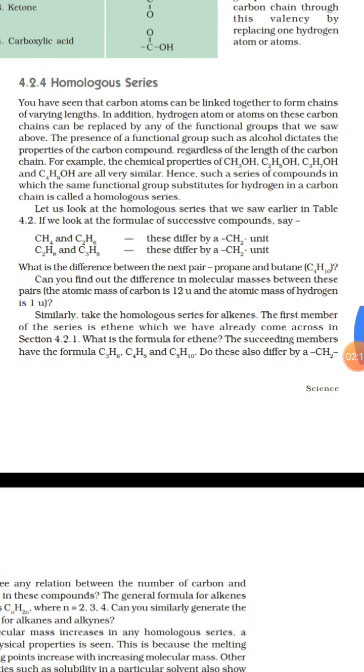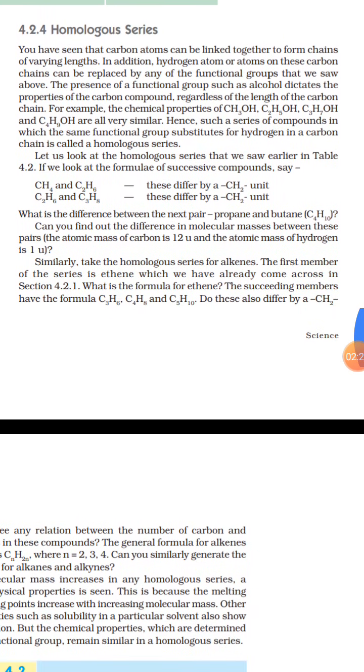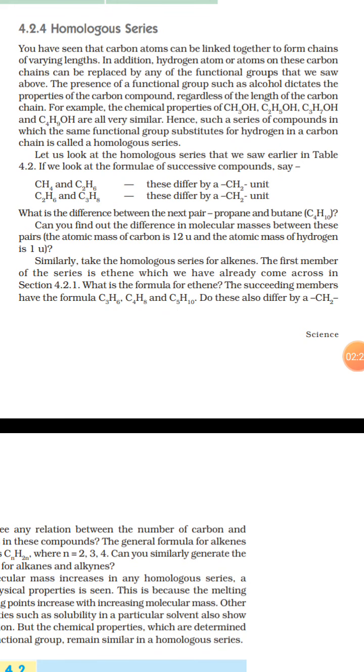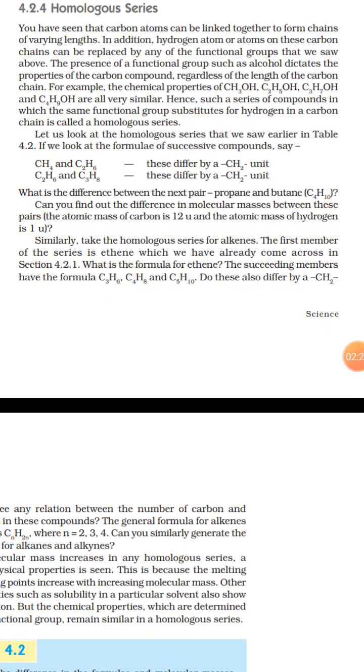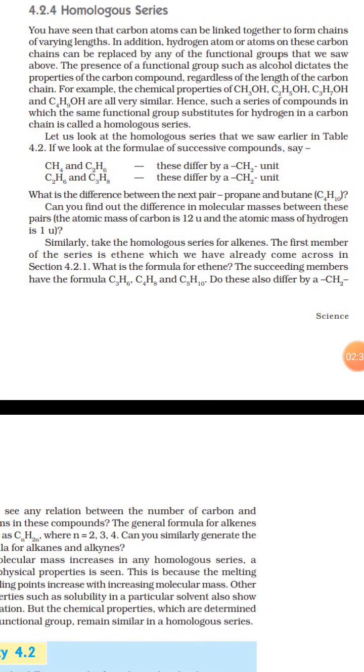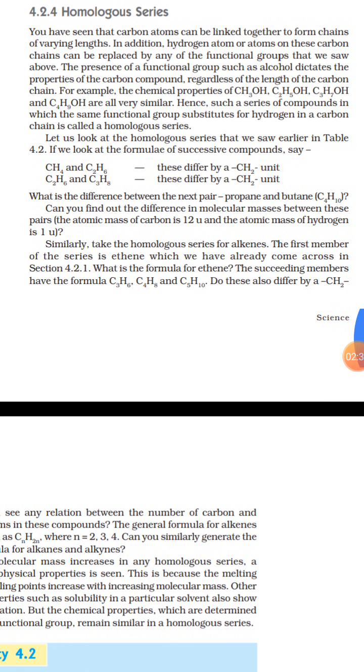series. Now students, let us look at the homologous series that we saw earlier in the table. We look at the formula of successive compounds, say CH4 and C2H6. These differ by a CH2 unit. Now C2H6 and C3H8 also differ by a CH2 unit.